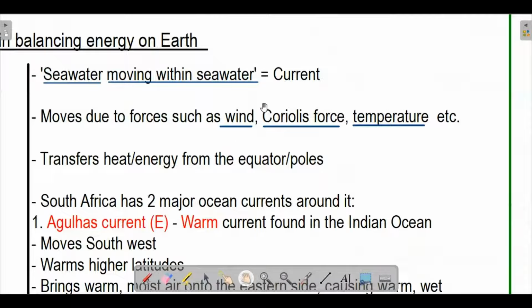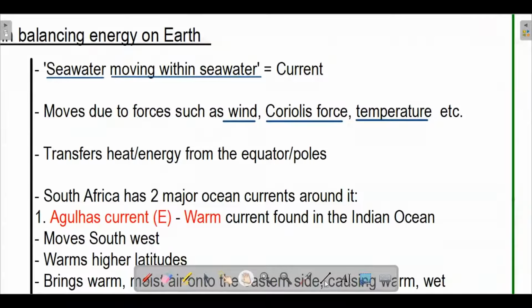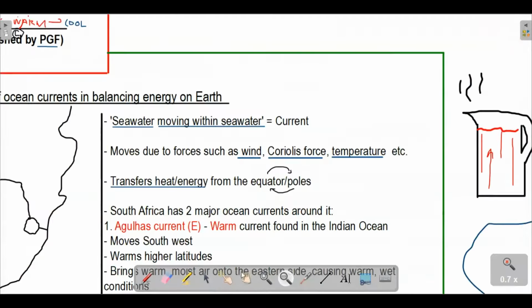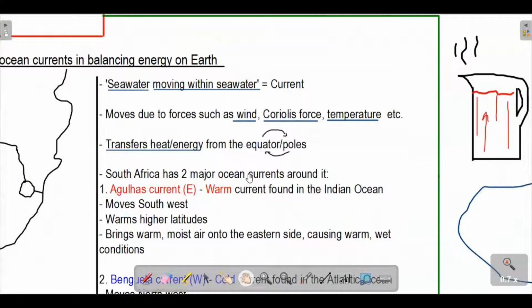So you can think of these as trains or bodies of water that are moving within the ocean. These currents transfer heat or energy from the equator to the poles, and from the poles to the equator, transferring heat as moving bodies of water within the oceans.